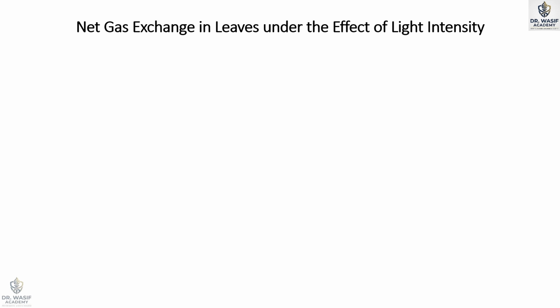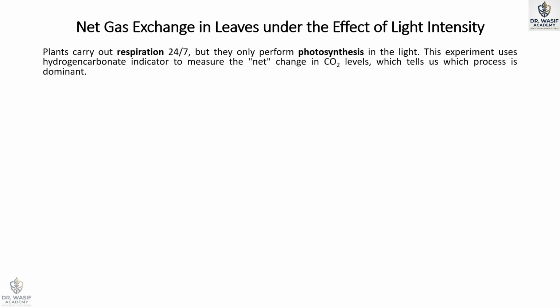One of the most common experiments you will see in your biology involves measuring how light affects the gases a plant breathes. Now remember, plants are living things, so they carry out respiration 24/7. However, they only perform photosynthesis when there is light. To see which process is winning, we use a special liquid called hydrogen carbonate indicator.